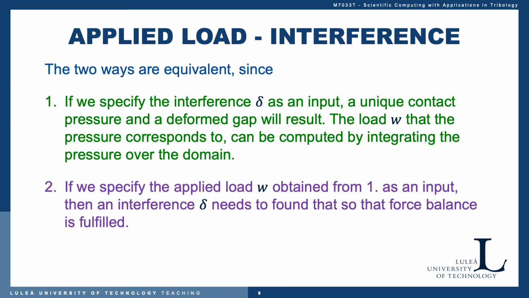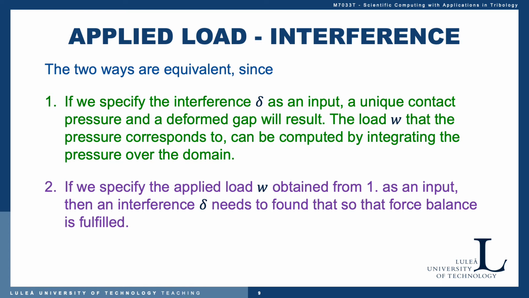So these two ways of formulating the contact mechanics problems are equivalent, since we can either specify the interference as an input, and then a contact pressure and the corresponding deformation, which leads to a deformed gap, will be the result. And the load W can be computed directly from the pressure just by integrating it over the domain.